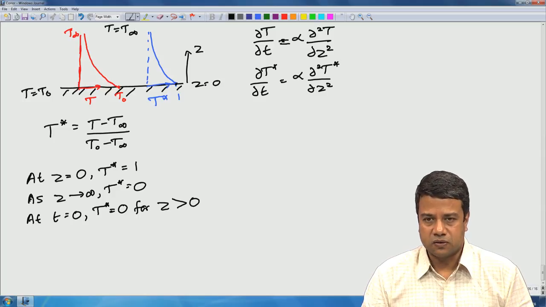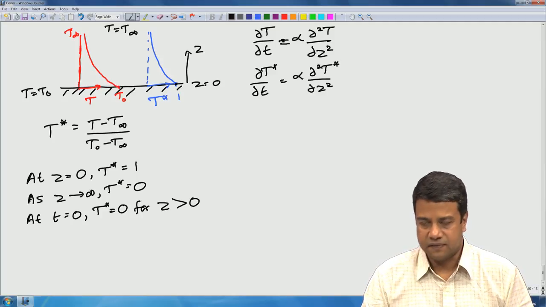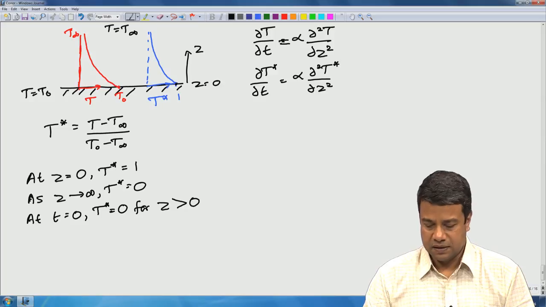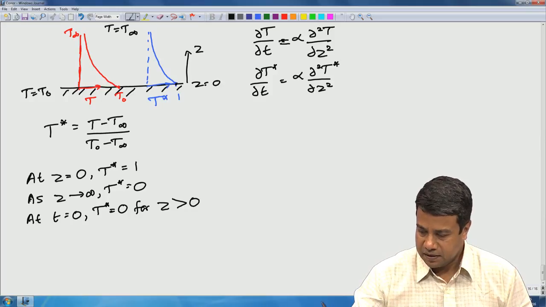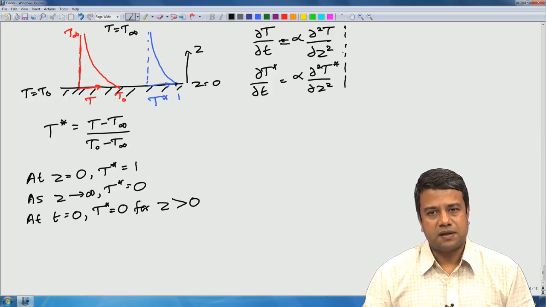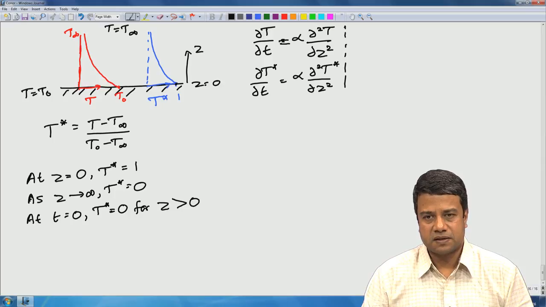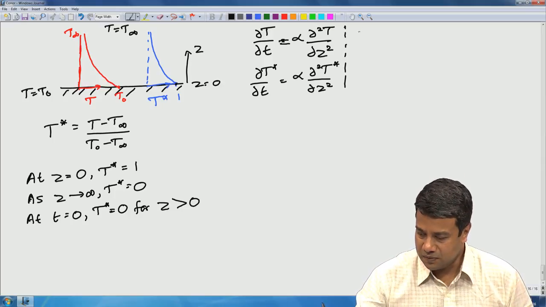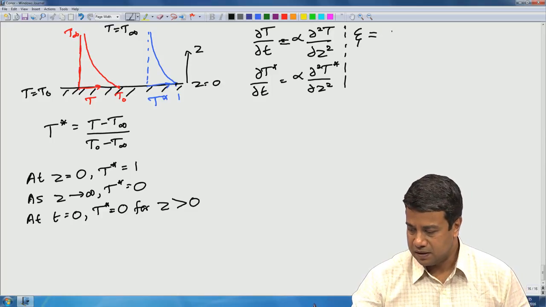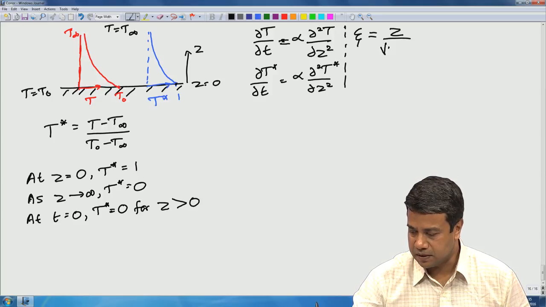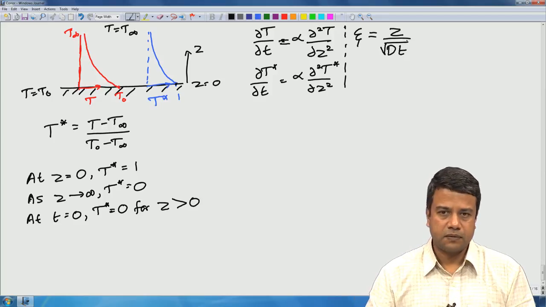Can one get a dimensionless group involving the length and time? What are the parameters we have in this problem? We have z coordinate, we have time, and we have the thermal diffusivity. So, out of these three, can we get a dimensionless group? Since the diffusivity has dimensions of length square per time, there is only one dimensionless group that you can get from these three, which is z by root alpha t.